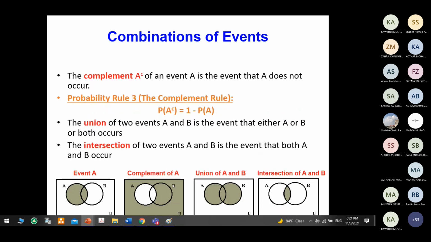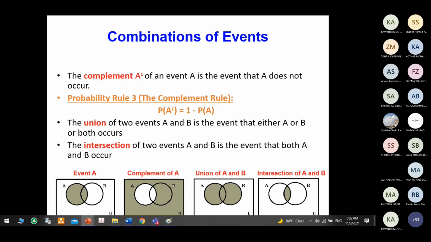Combination of events. Now have a look here. Let me define the complement of A. Event A, its complement is written this way, A to the power C. It means complement of A. This complement of A represents everything excluding A. Now when I come to find the complement of A, it means everything in the sample space excluding A. It can be written this way: probability of A complement equals 1 minus P of A. Don't forget 1, because we say that the sample space probability is 1.